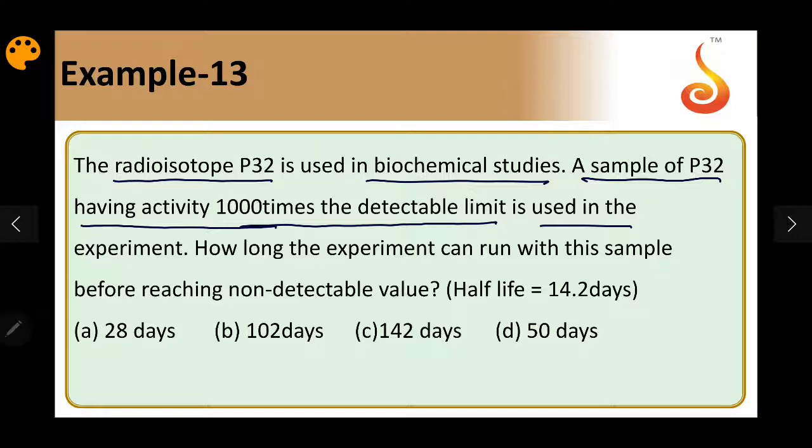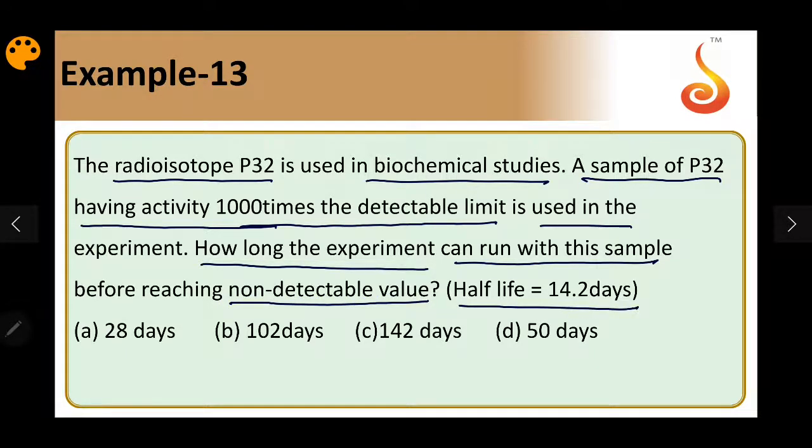The question is how long the experiment can run with this sample before reaching the non-detectable value, and the half-life is given as 14.2 days. So the initial activity is 1000 times the detectable activity, and if the activity drops below 1, it cannot be detected. With respect to the detectable amount, it is 1000 times. If it is less than 1, it cannot be detected. So we'll go for the solution.